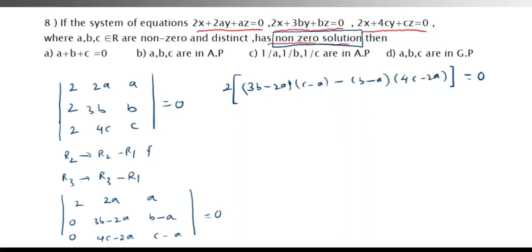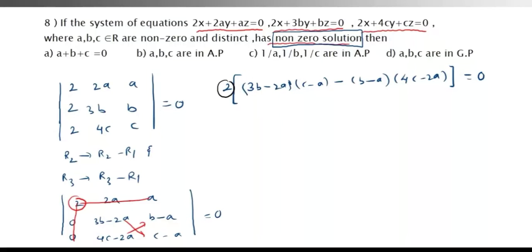I expanded the determinant based on the first row, first element, so we eliminate this column and row, then apply the AD minus BC concept. You will get the step, right? Now come to the further simplification. If you send this 2 to the right hand side, it will become 0.